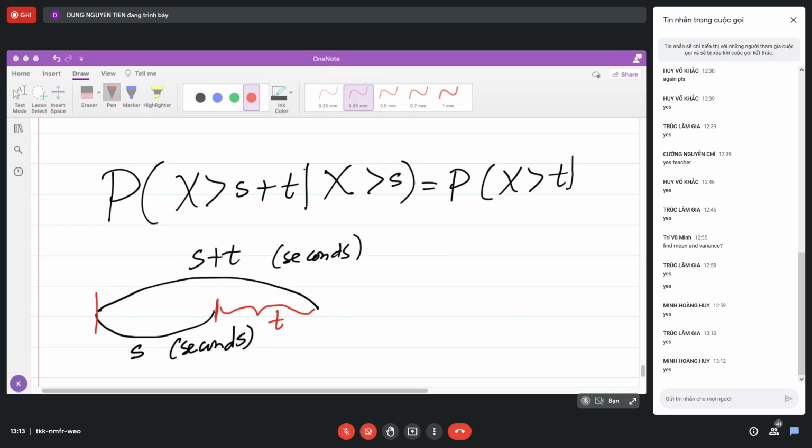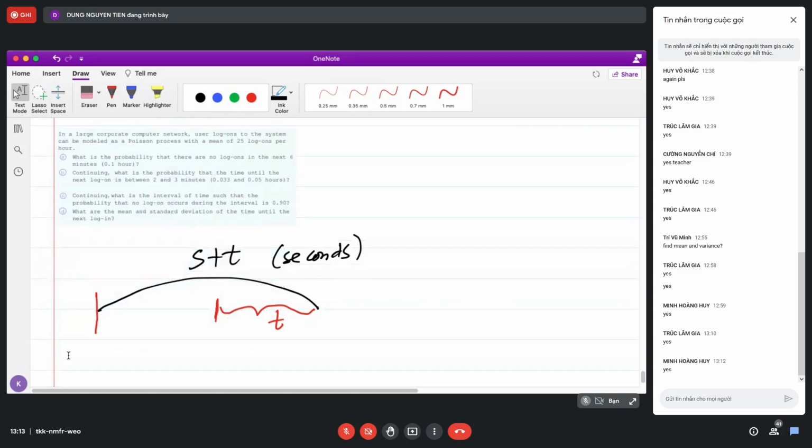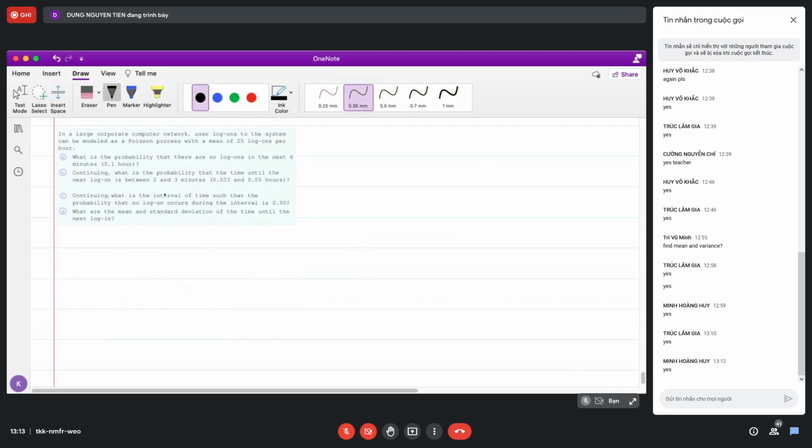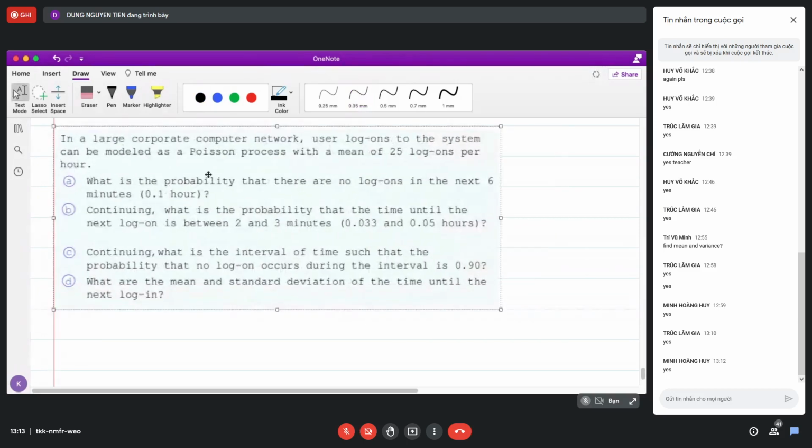Now let's consider the following example. In a large corporate computer network, user logons to the system can be modeled as a Poisson process with a mean of 25 logons per hour.